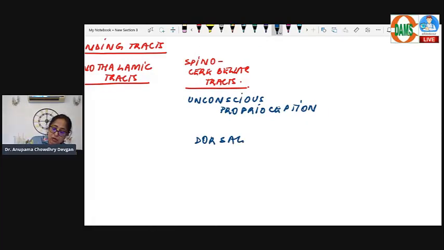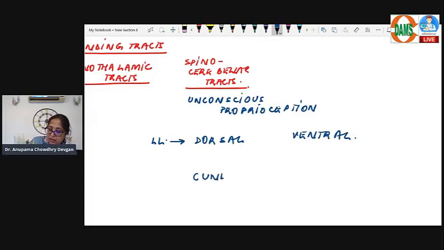This is the dorsal spinocerebellar tract and the ventral spinocerebellar tract, right? You also have what is known as the cuneo-cerebellar. These are from the lower limb, dorsal and the ventral spinocerebellar tract.